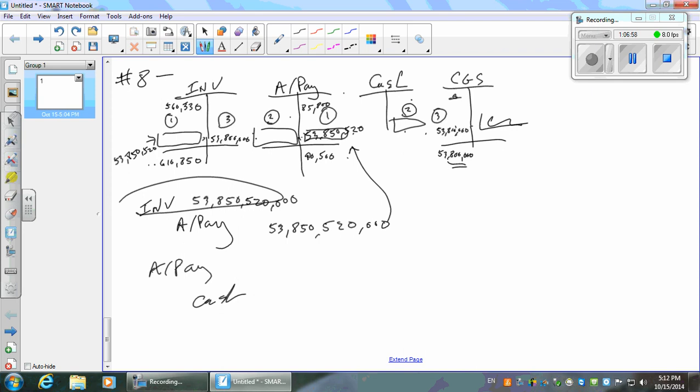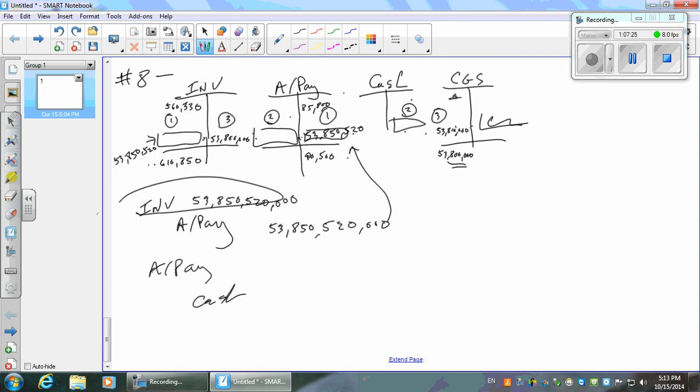If you started at 85.8 and now you owe 90,500, what did it go up by? Actually, it's 85,800,000 and 90,500,000. How much did it go up by? What is that? 4,700,000? Is that right? Yeah. So you must have paid that much less than 53,855.20. Everybody agree?